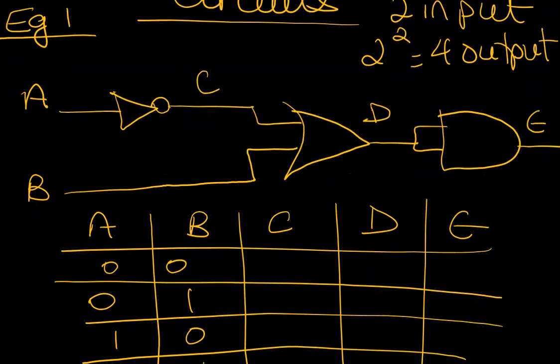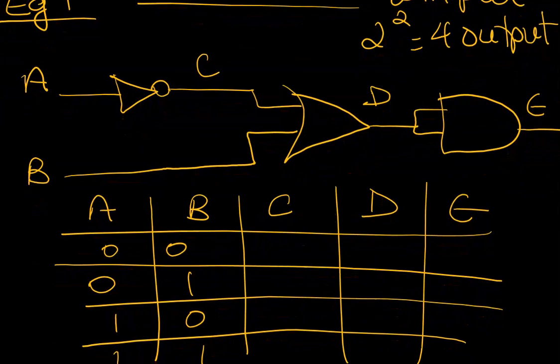So here we would have our typical circuit, and one of the first things I teach my students is to identify the gates. Here we would firstly say this is a NOT gate, this is an OR gate, and this is an AND gate.